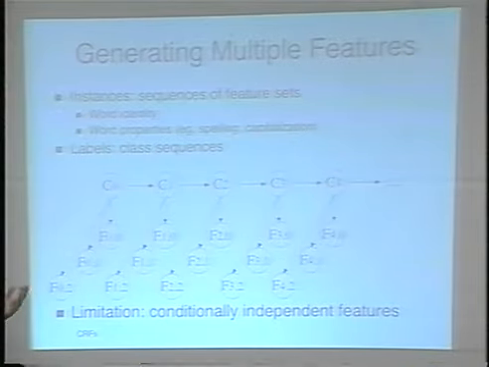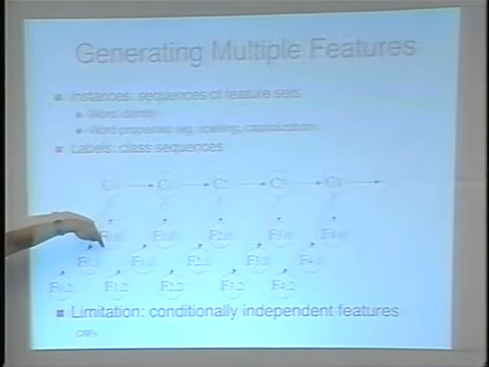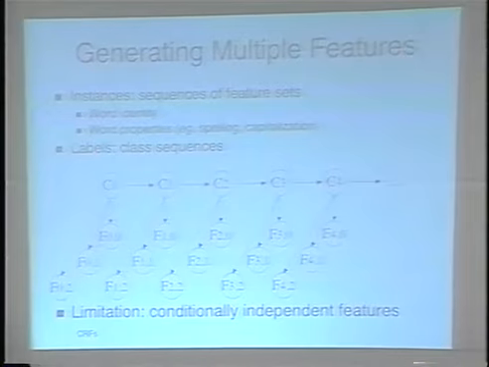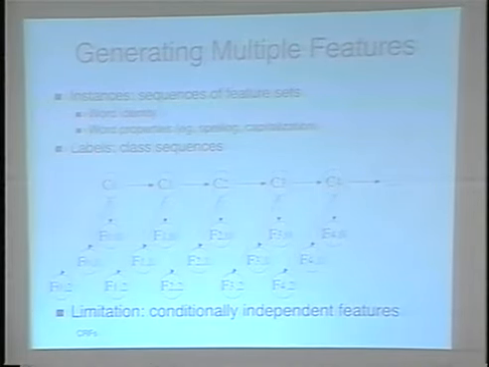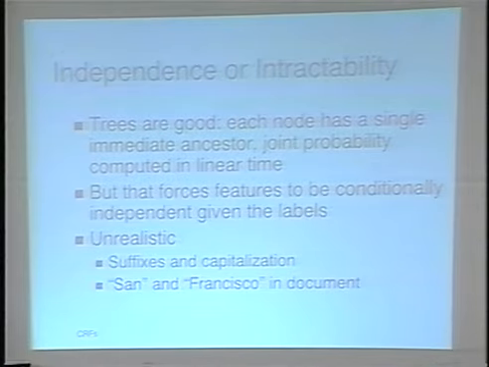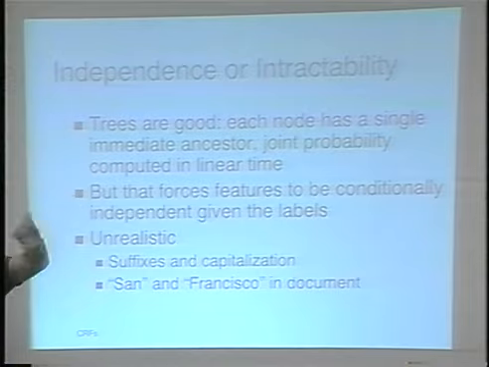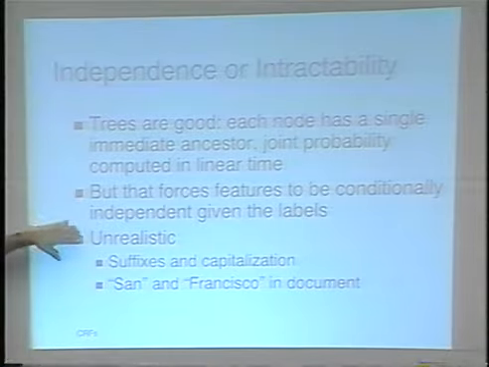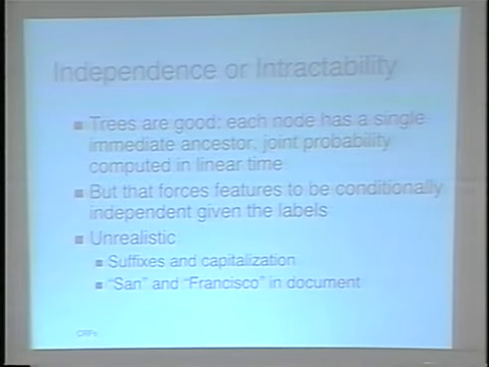The other thing you could imagine doing is using general graphical models techniques and saying, maybe there's some arrow from here to there, and I would just add a few more arrows here and then train that way. Now, the problem with that, as many of you know, is that trees are good for these types of problems. They allow you to do essentially linear time inference and decoding, but trees require conditional independence given the label.